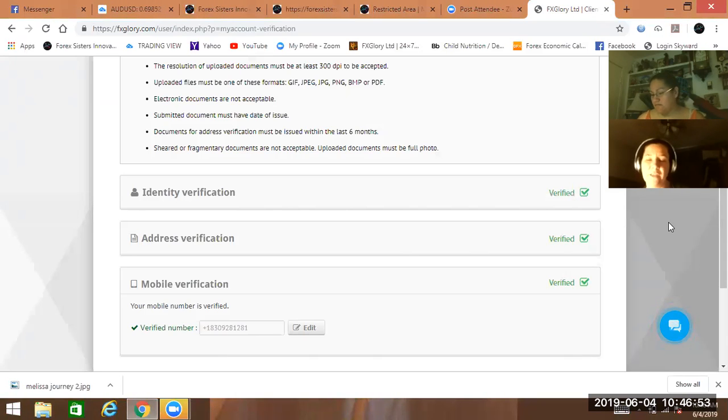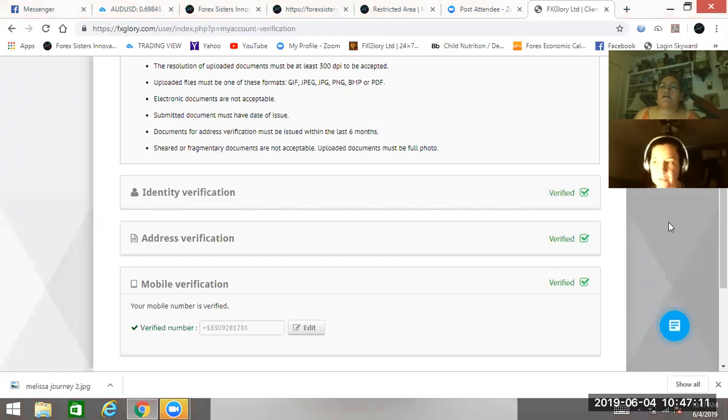I did do that, the verification for the broker. You have to upload a document. What I used is a bank statement because it has your address, and they need proof of address and everything has to match the same address.